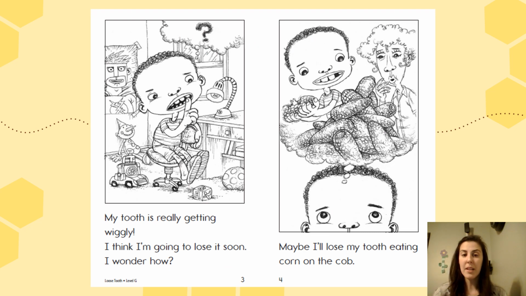So here's our main character, and it looks like he's sitting in his room, and he's got his finger in his mouth because his tooth is very wiggly. Wiggly. Can you look down and see if you can find that word wiggly? What letter is wiggly going to start with?